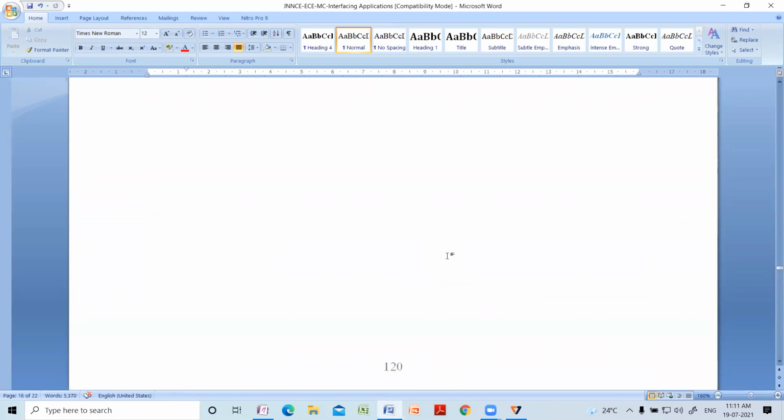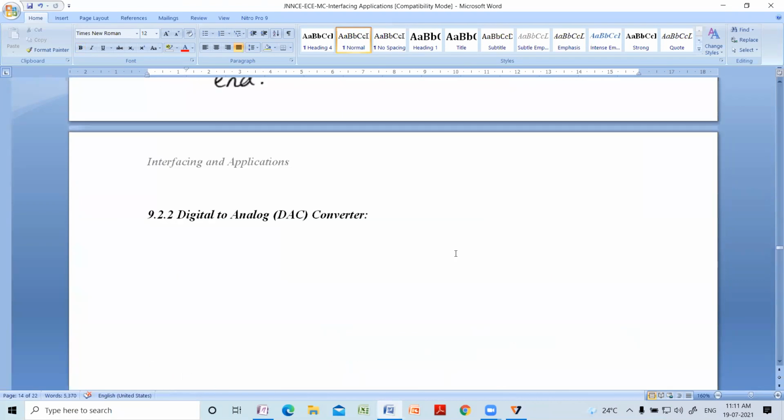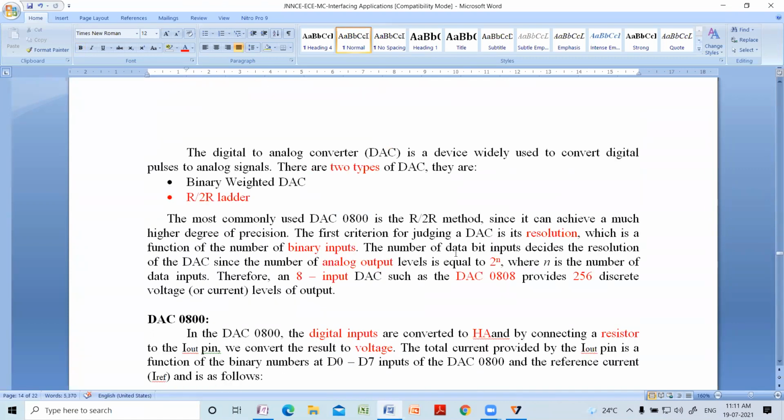So this completes the digital to analog converter. So what is the gist here? A digital to analog converter converts the digital input to analog output. The two types of DACs are the binary weighted DAC and the R-2R ladder or resistor ladder network.